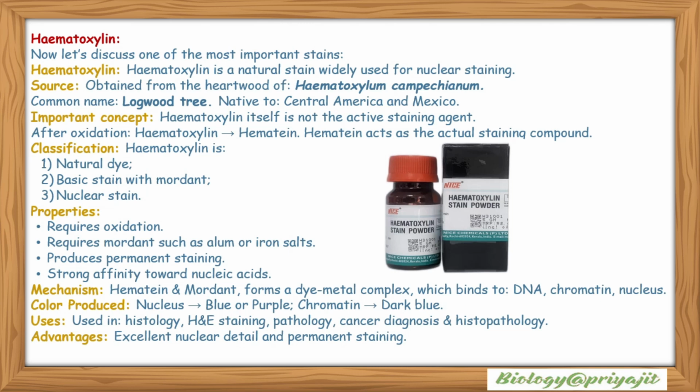Color produced: nucleus is either blue or purple, chromatin becomes dark blue. Uses: it is used in histology, haematoxylin eosin staining, pathology, cancer diagnosis and histopathology. Advantages include excellent nuclear detail and permanent staining.